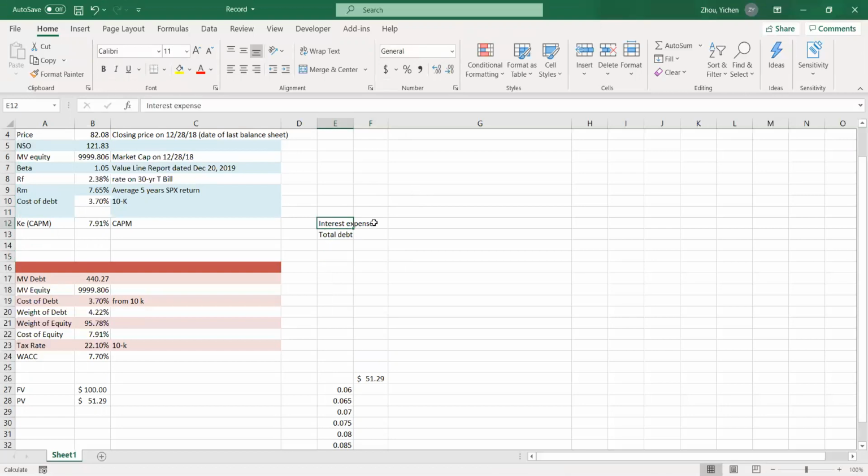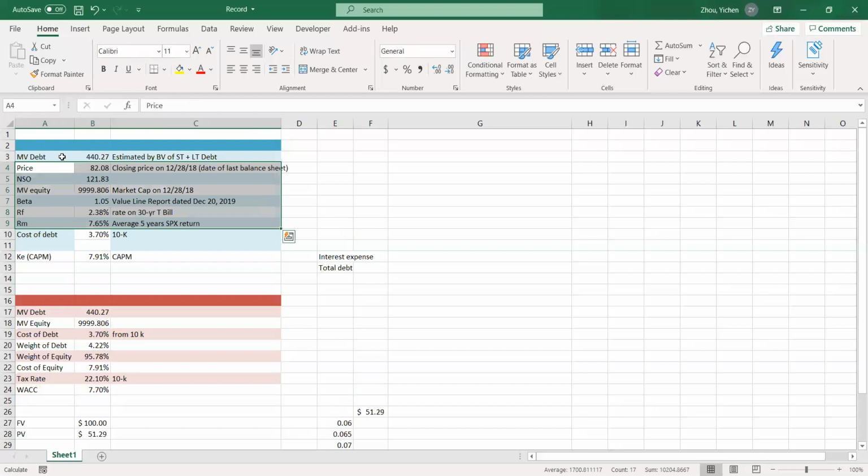So using interest expense divided by the total debt is also a way to compute the cost of debt. After we get these two numbers and all the inputs here, we can compute the WACC.